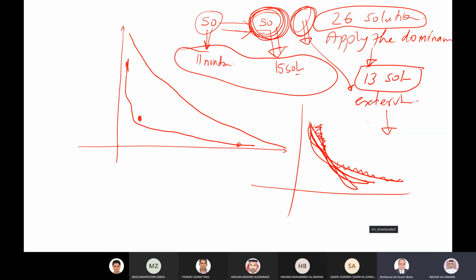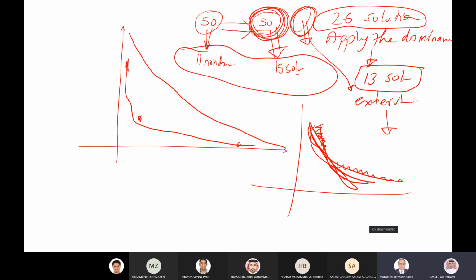Sorry, just to making it late for you. Yes, I have a short question regarding the best compromise method. If I'm applying this method and I'm applying the shortest distance after getting the final Pareto set, will it give me the same result at the end? Yeah, most likely, yes.